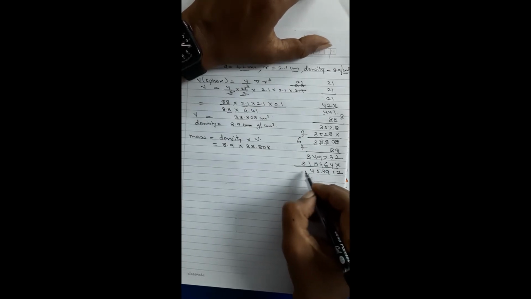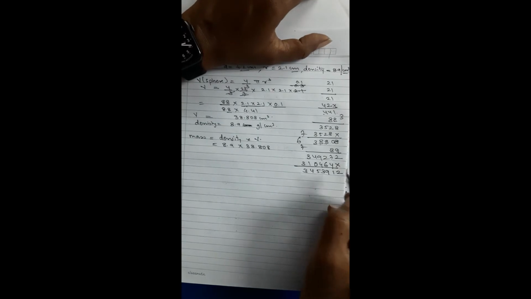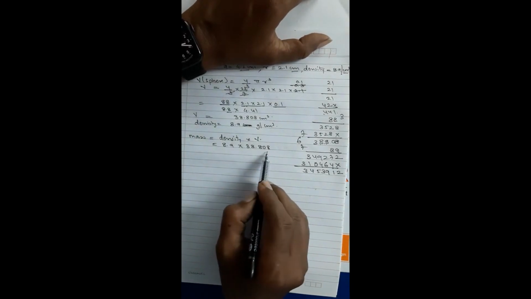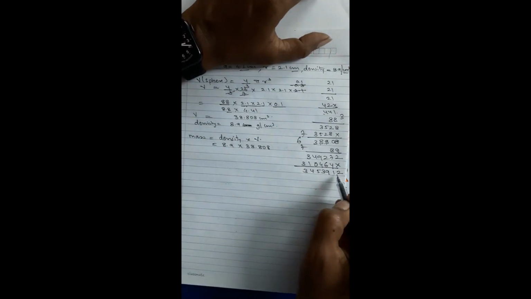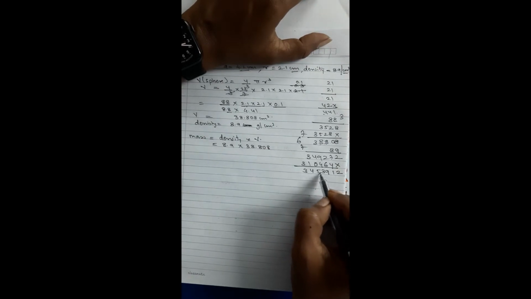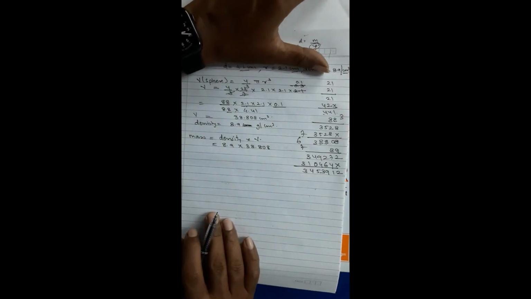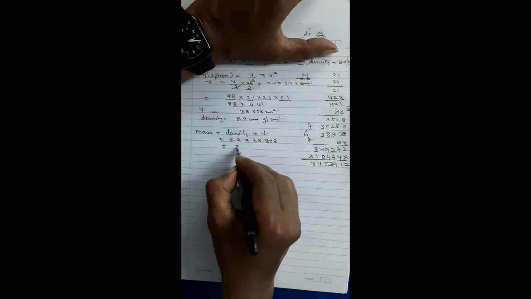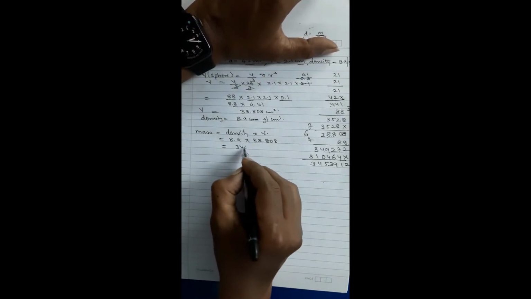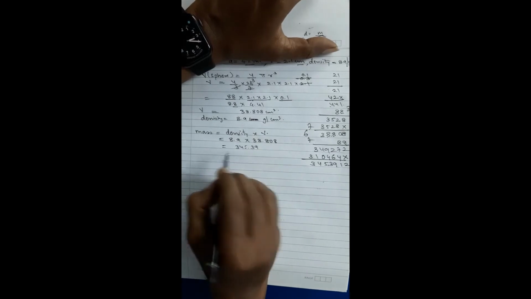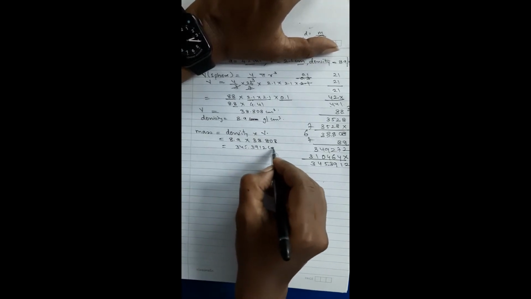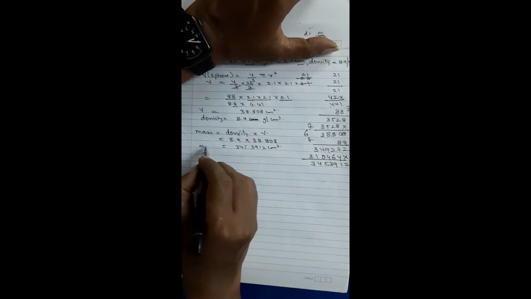And now the decimal places, 3 decimal places over here, 1 decimal, total 4 decimal places. This is going to give you 345.3912 centimeter cube. You can write this answer, no problem.